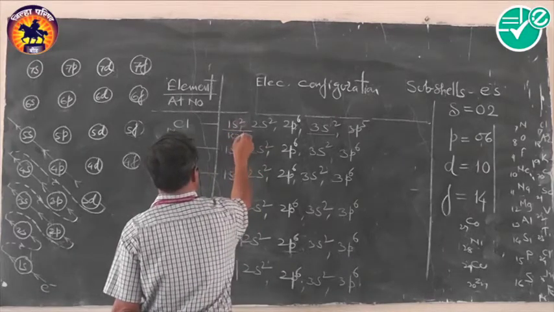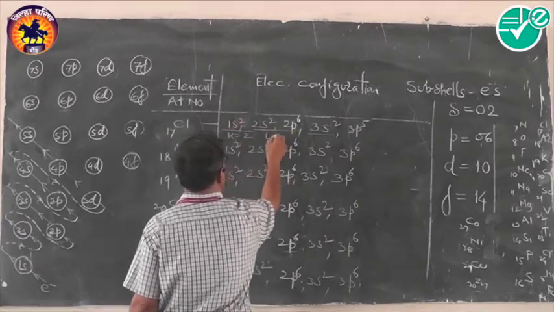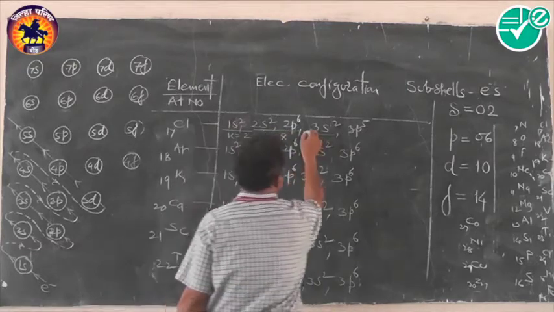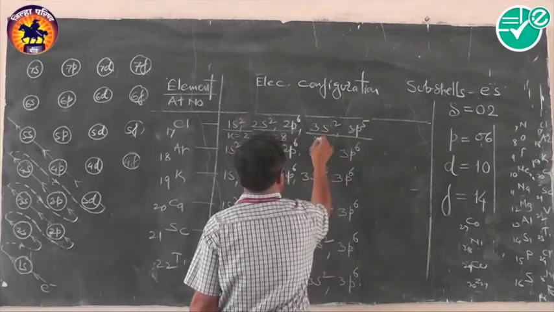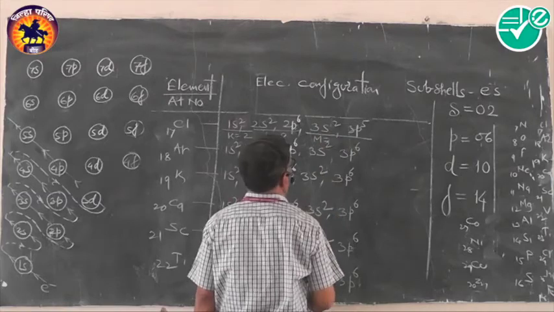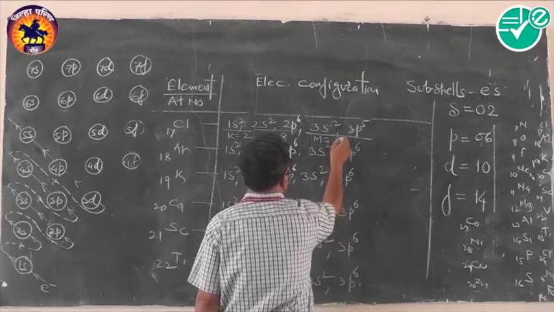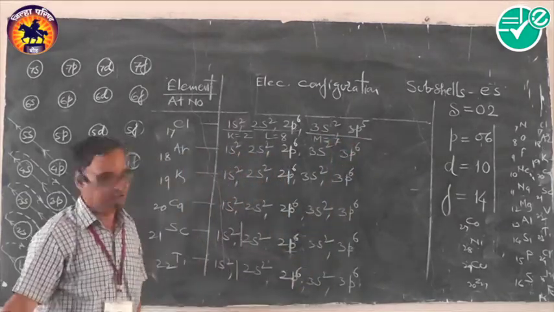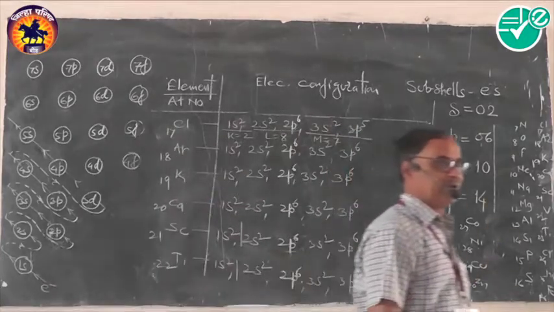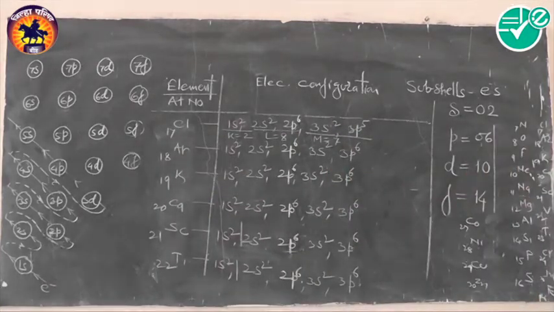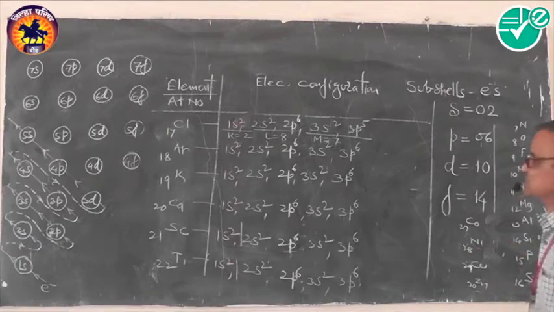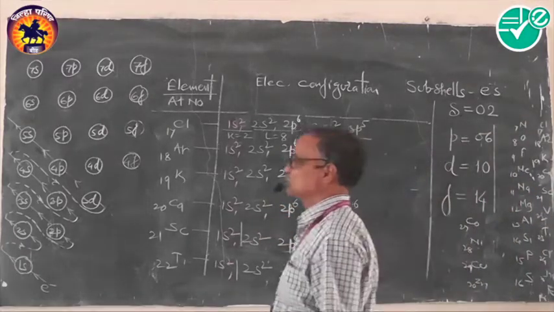K is equal to 2, L is equal to 8, and the outermost shell, that is M, contains 7 electrons. So this element, that is chlorine, contains 7 electrons in the valency shell or outermost shell. Hence it becomes very reactive, or it is called halogen, which comes just below fluorine.